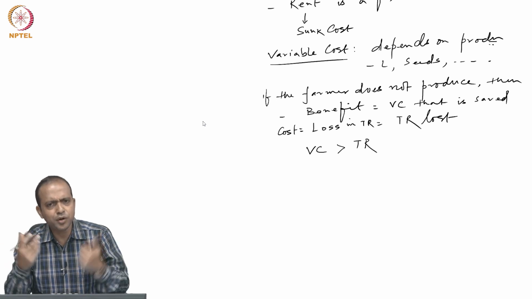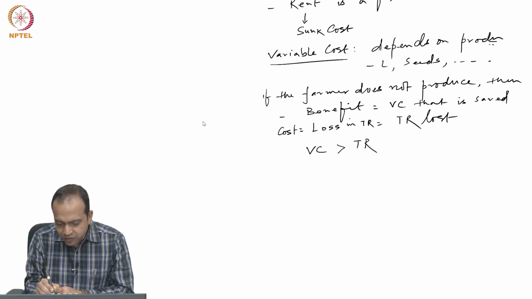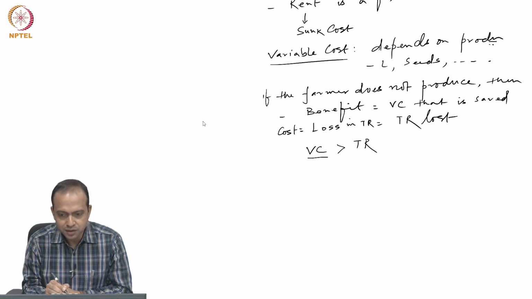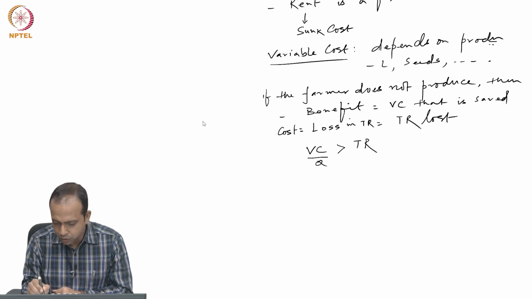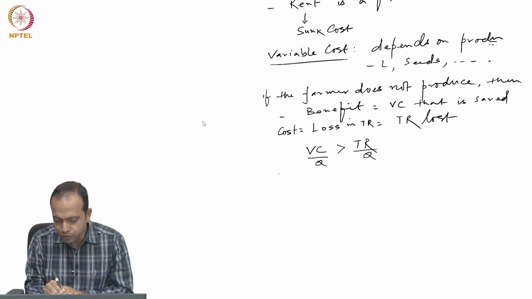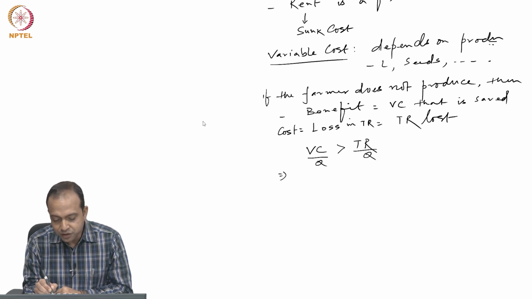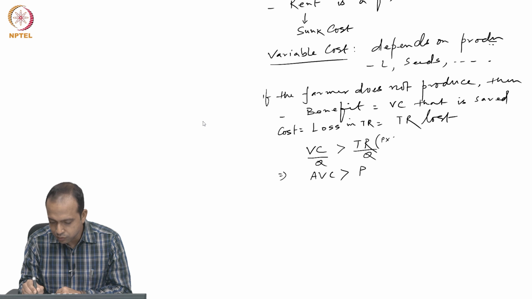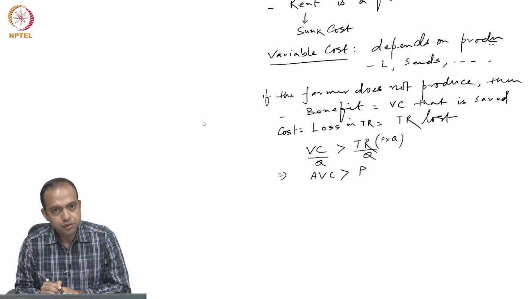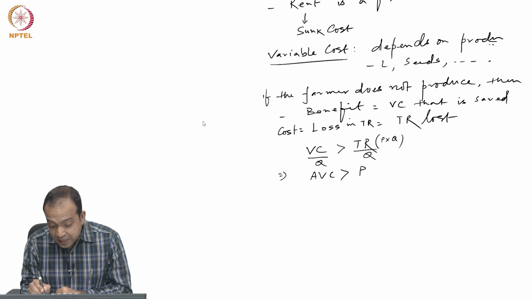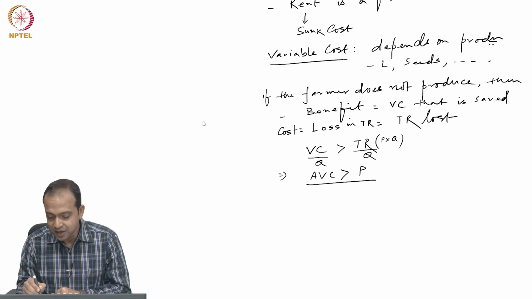The revenue that the farmer was enjoying. If I divide both the sides by Q, then what will happen? Variable cost divided by Q is AVC, and total revenue divided by output is price, because this is nothing but P into Q. So, when P is less than AVC, that is basically the shutdown condition.